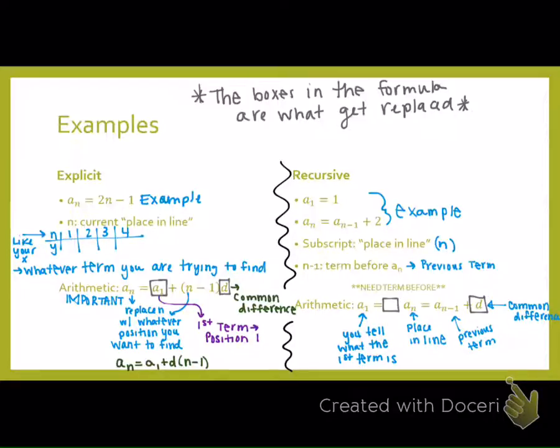In this formula here, where a sub 1 is, you will tell me what the first term is. This a sub n does not get replaced. It's like your y. A sub n minus 1 will always stay there. The only thing that gets replaced in that part of it is the common difference. So before I do examples, this is a lot of information. What questions do you guys have?